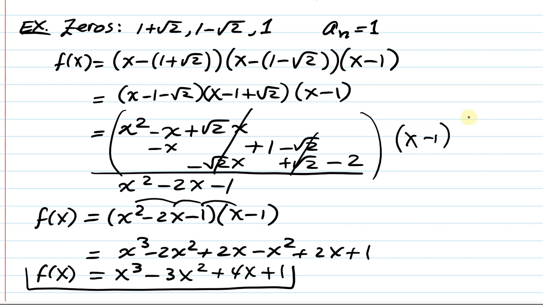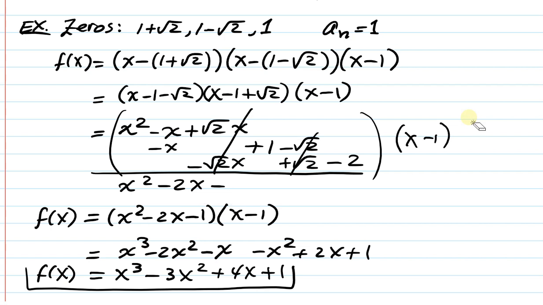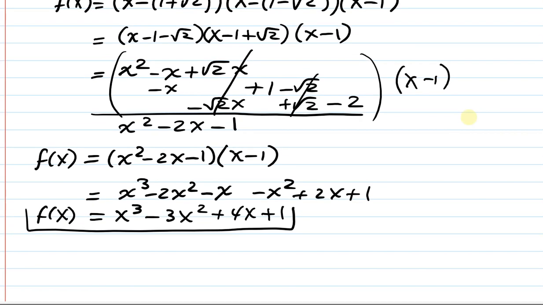This should be negative x, not 2x, right? So let me correct this one. That's negative x. And this distribution gave me negative x squared plus 2x plus 1. Yeah, that one looks good. Good thing I checked. It should be okay now.